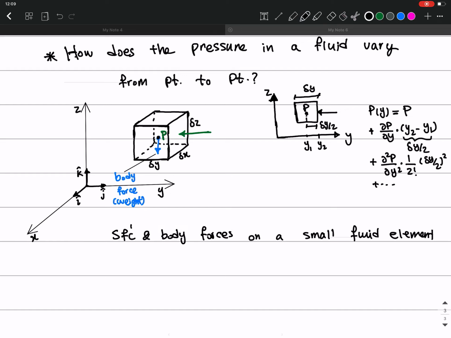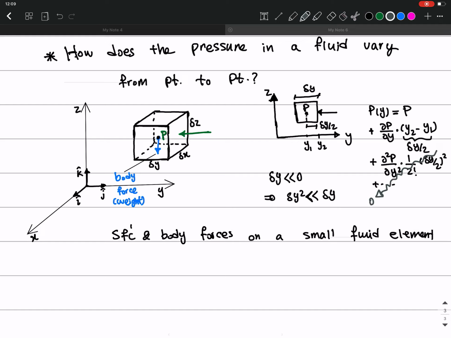If we suppose that delta Y is a very small number, then delta Y squared is going to be much smaller than delta Y, correct? So I can assume that these higher order terms are almost equal to 0, because they are going to be very small.